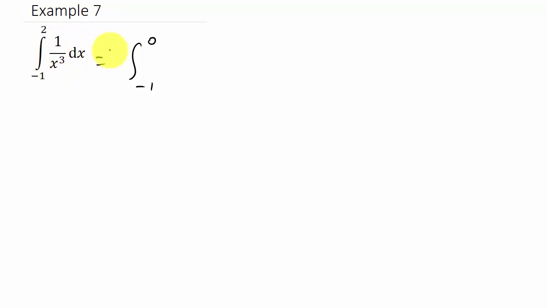I'm going to write 1 over x cubed as x to the -3 so we can integrate it, dx, plus the integral from 0 to 2 of x to the -3 dx. So I go from the lower limit to where it's discontinuous, 0, and then from 0 to the upper limit 2.